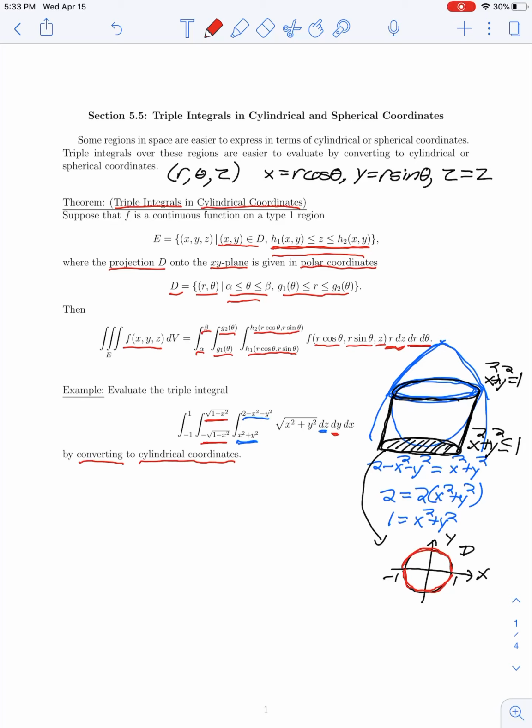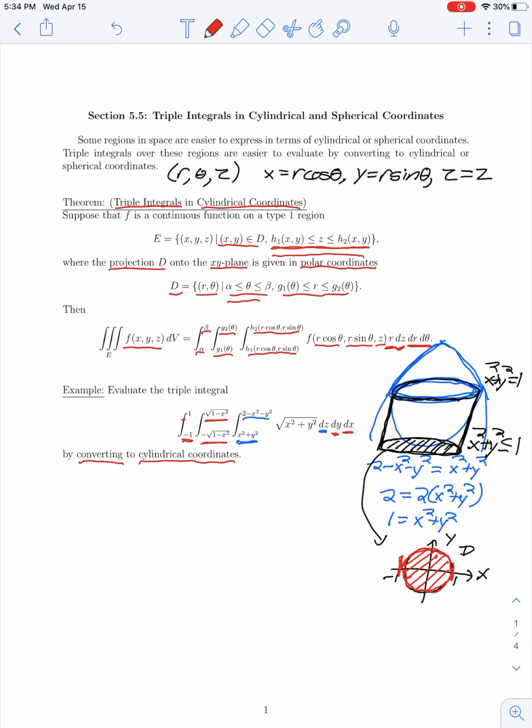And then our x values are allowed to range from -1 to 1. So our region of integration in the xy plane is the entire disk, everything from the bottom half circle to the top half circle on the x interval from -1 to 1. Once we have this visualization, let's see if we can describe this region more easily using cylindrical coordinates.